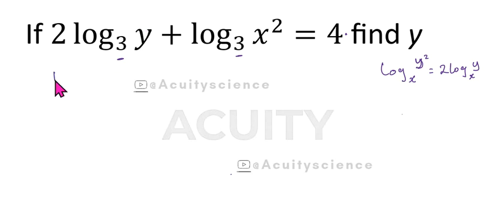So we have log base 3 of y raised to the power 2. We just did the reverse of this, went from this to this. So we took it back, and this is already positioned like this, so we are good.